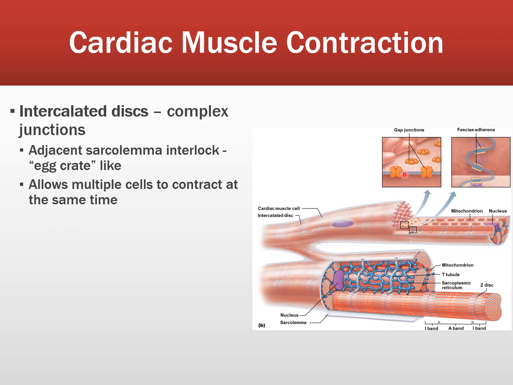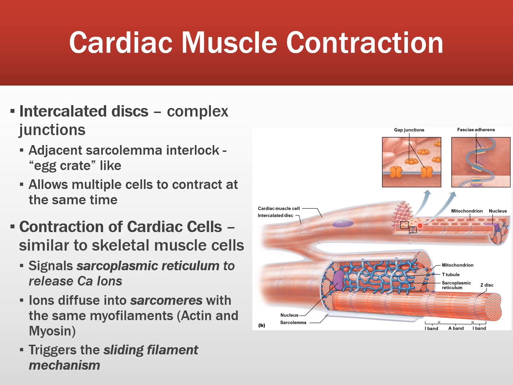So they're interlocked kind of like an egg crate. So it has this ridged appearance, okay? And essentially this allows them to increase the surface area between the cells, okay? And when it's branched, it allows them to connect up multiple cells at the same time. So we want multiple cells communicating with each other so that they can all contract simultaneously.